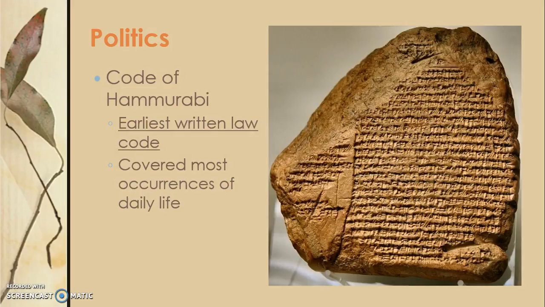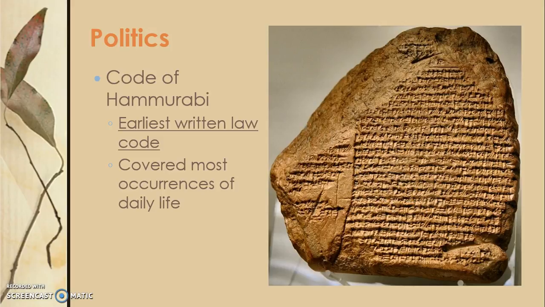There was a ruler by the name of Hammurabi who developed what we know as the earliest written law code. He sat down and thought up scenarios that people would come into conflict with often, and he wrote down the rules for his society and also punishments or judgments for his society.